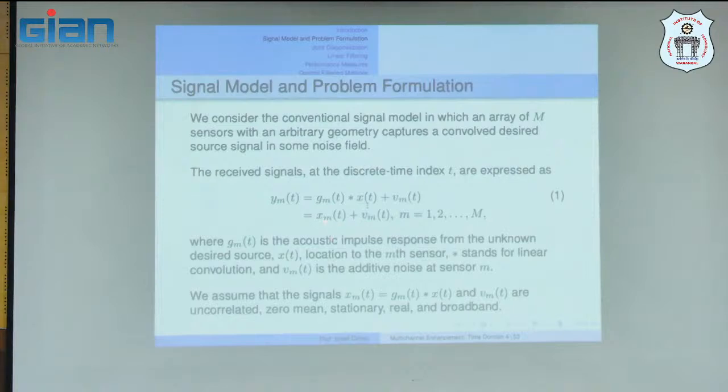Now we said that with a single channel, whatever is received here is the desired signal. But now we can assume that we have a desired source, and then we can take into account the reflections or the impulse response from the desired source to each of the sensors. Okay?